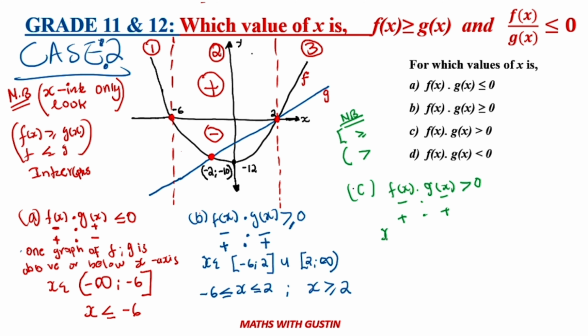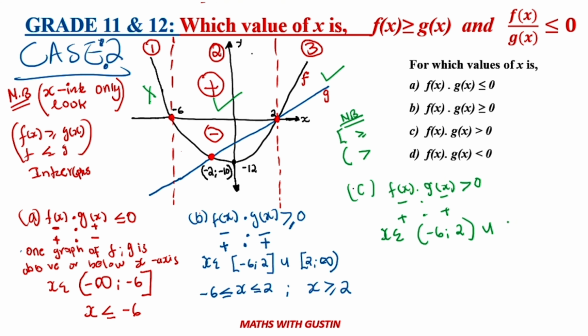All right, x is the element of all real numbers, so in this case, let's see. Obviously here f of x is above the x-axis, and therefore this one won't be satisfied. Both of them are below, so stage 2 will be satisfied. Both of them are above the x-axis, therefore stage 3 will be satisfied. All right, so let's say x is the element, we are starting from negative 6 up until negative 2, and then what else is there?